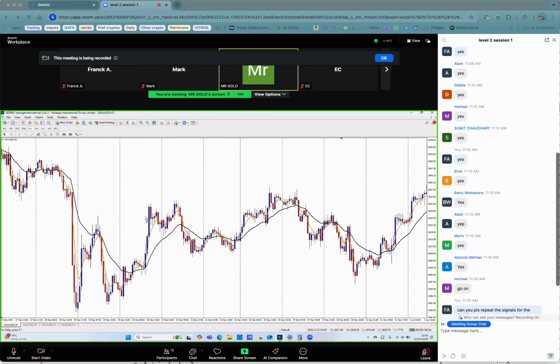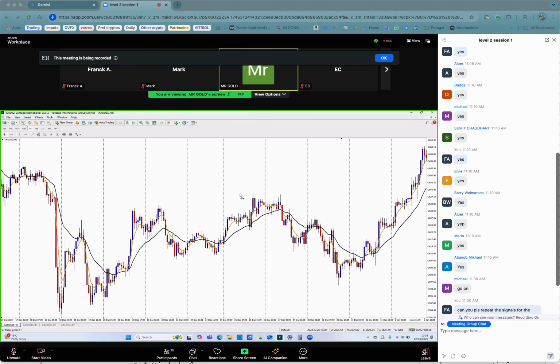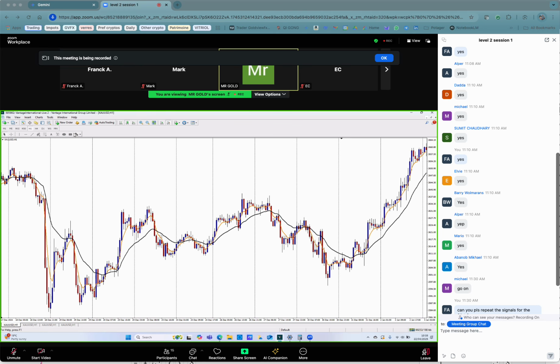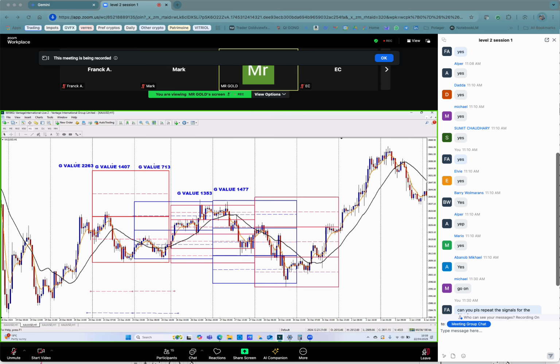Okay, it could be this. Yep, that's it. Okay. So let's just double check just to make sure. That was a bit of up, down. Let's see if it's the same one. Yeah, that's it. Okay. So let's get the G values done first.